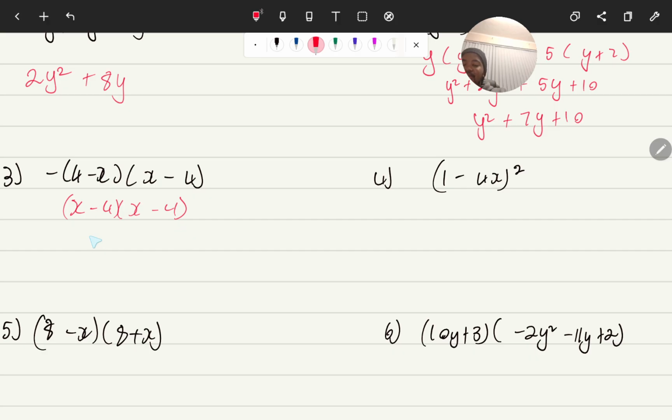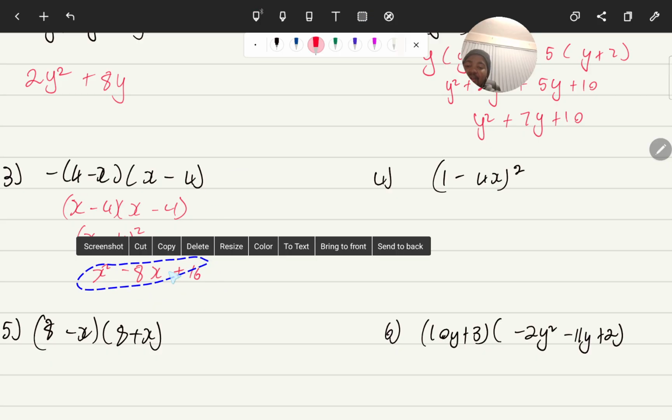And this is basically x minus 4 squared, which I did say when you have such a number, you're just gonna say x squared, then x multiplied by minus 4, that's going to be minus 4x, minus 4x multiplied by 2, that's going to be minus 8x. So you have minus 8x, and then plus, you square that 4, that will be plus 16, right? This is the answer.